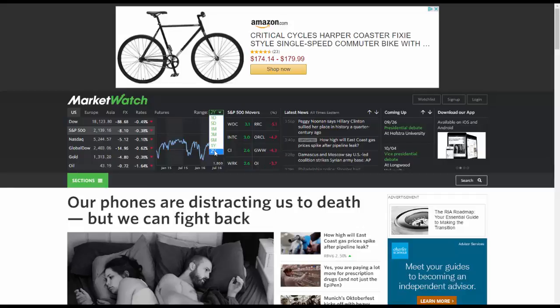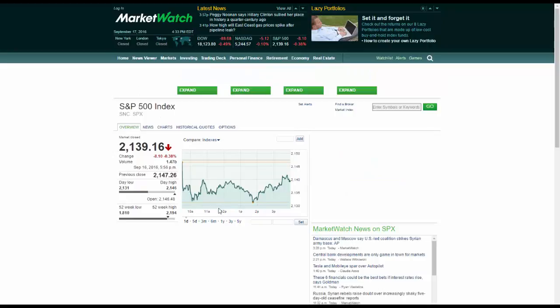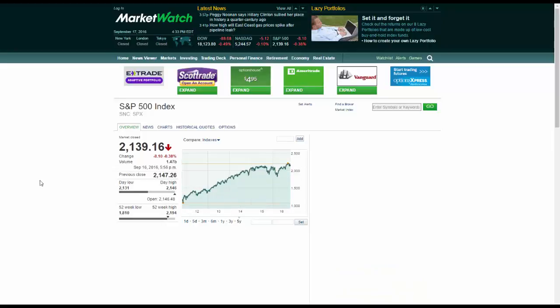I could go out longer. In fact, I'll just do this. Click on S&P 500, and I will go to 5 years. And here's a better picture of seeing the long-term trend of the S&P 500.